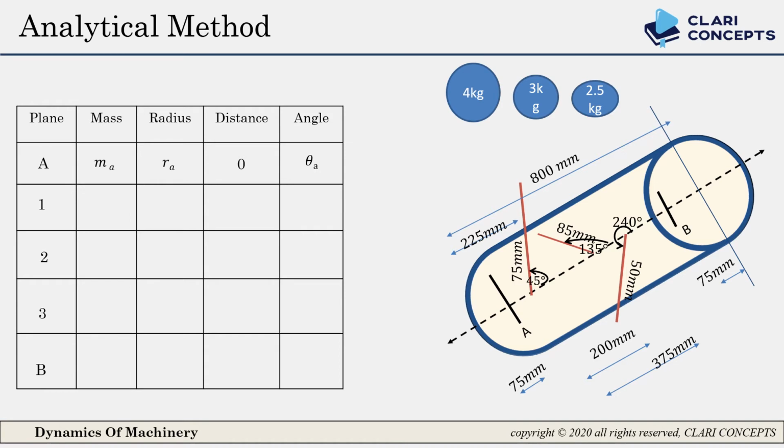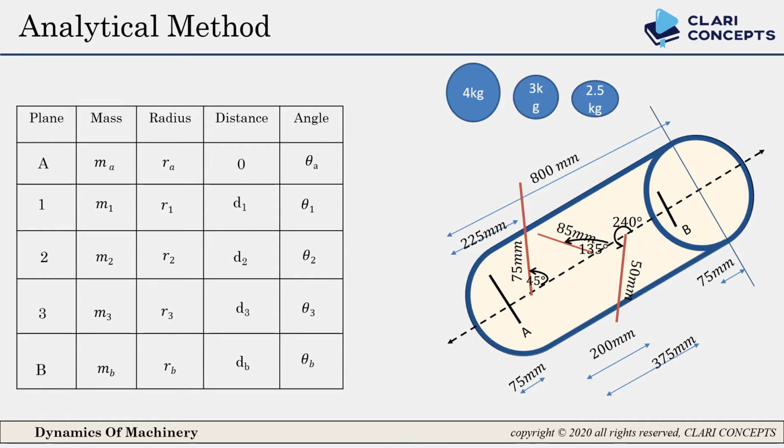Now all the distances will be measured from plane A. Now write all the values of plane 1, which is m1 with radius r1 at distance d1 and angle theta 1, and mass m2 with radius r2 at distance d2 and angle theta 2. Same thing for the third plane and plane B.